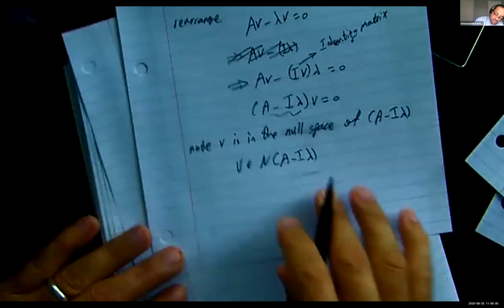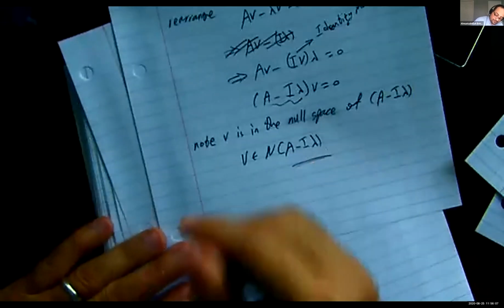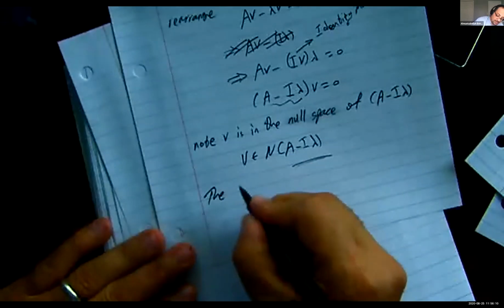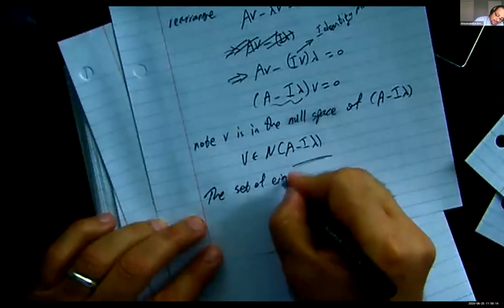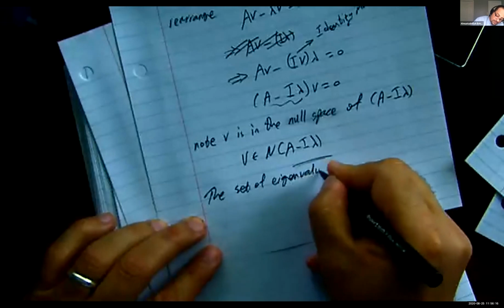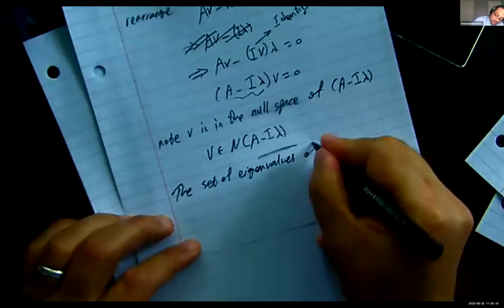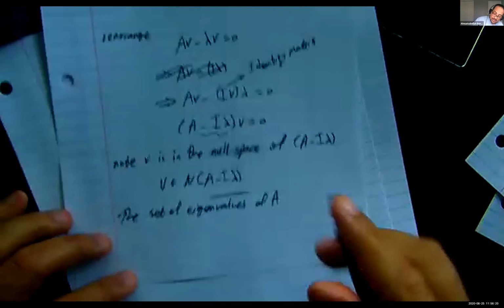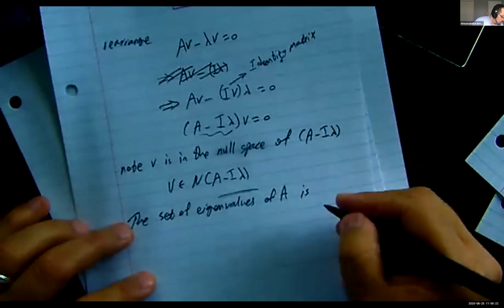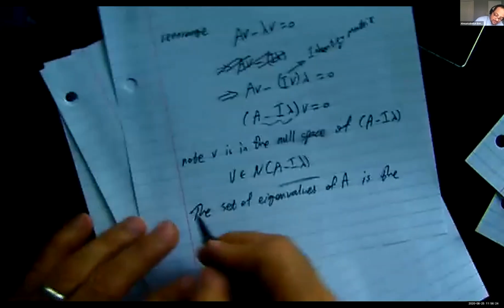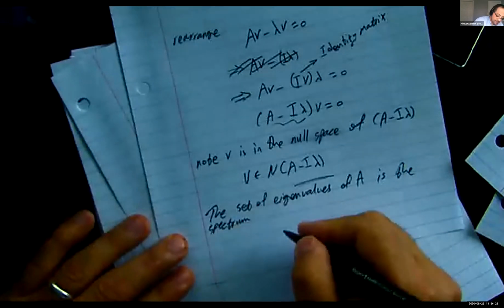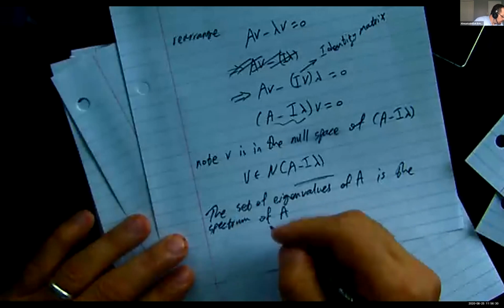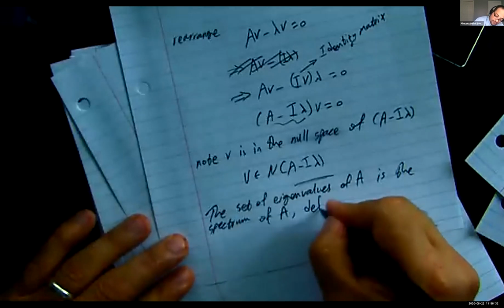Okay, so in general, the set of eigenvalues of A is the spectrum of A, defined by this.